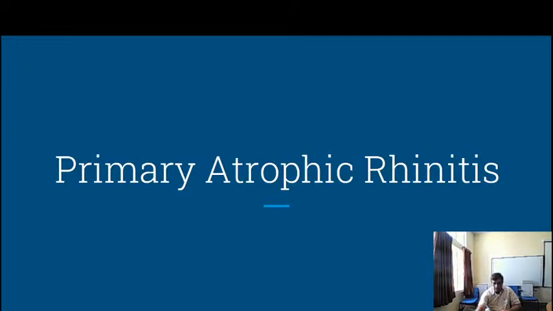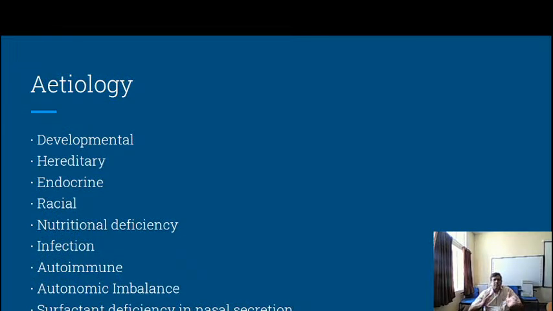Now, as I told you, in primary atrophic rhinitis the etiological factors are not very definite, but to some extent these contribute. It is either developmental, sometimes it runs in families, and endocrine, because it usually affects females, during puberty, menopause, and menstrual periods.